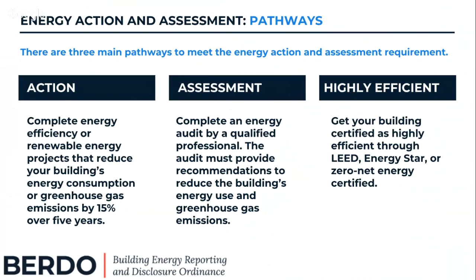And if you have continued to improve yourself and have reached a high standard of performance and get a certification or are rated as such as highly efficient, then you get to opt out of future requirements.